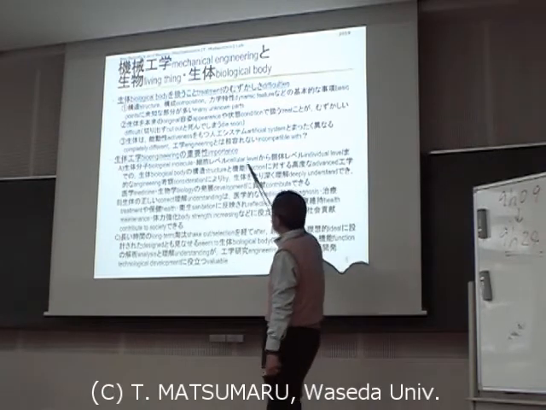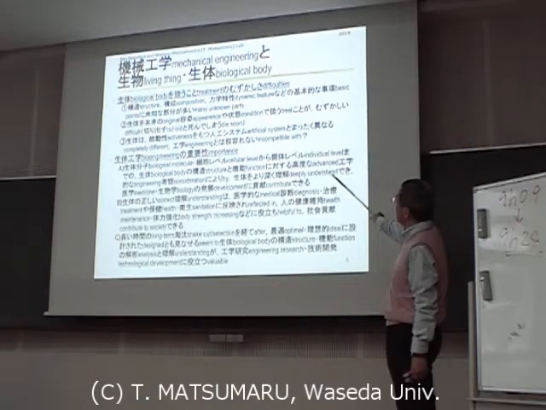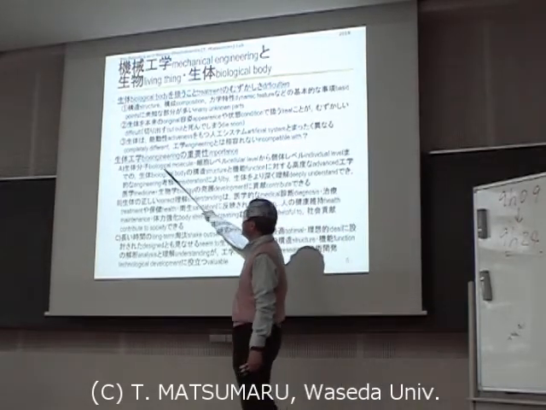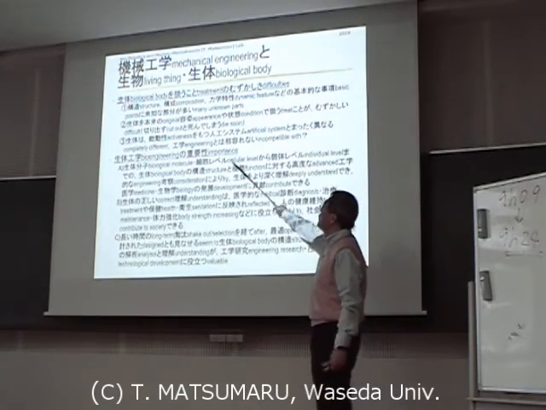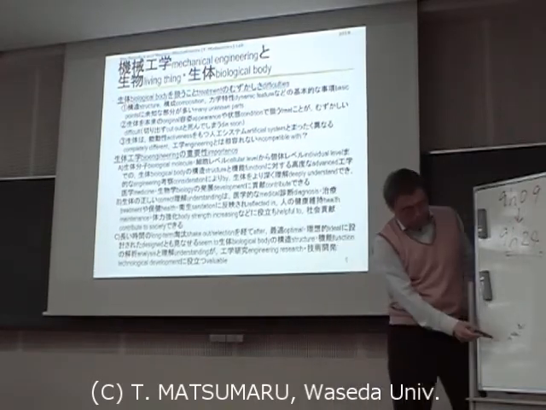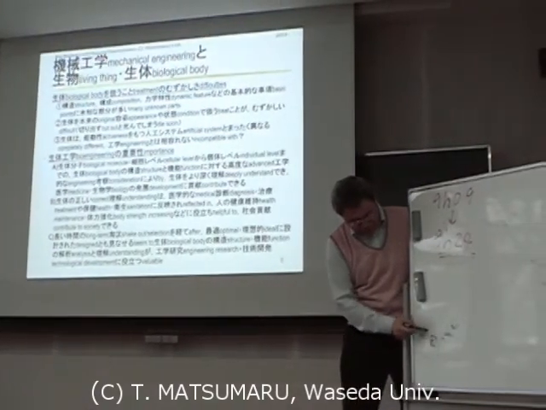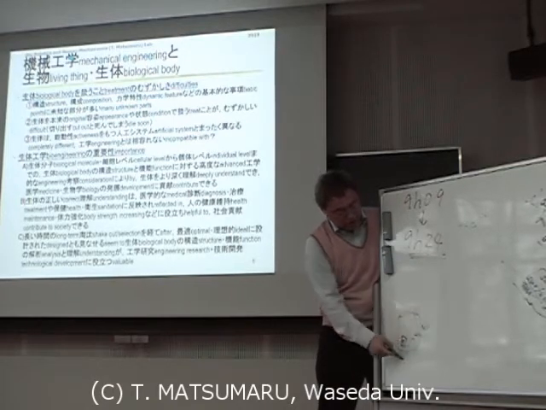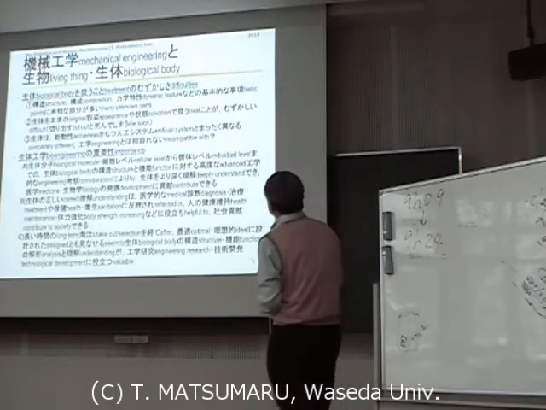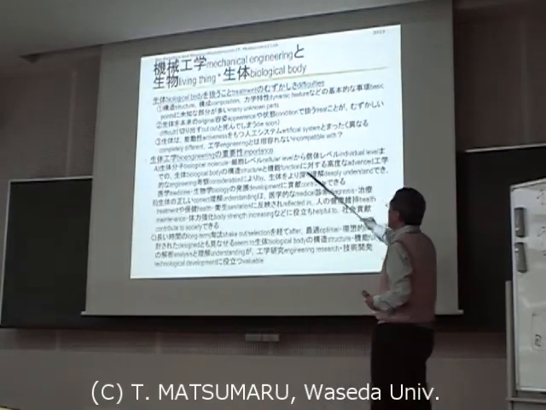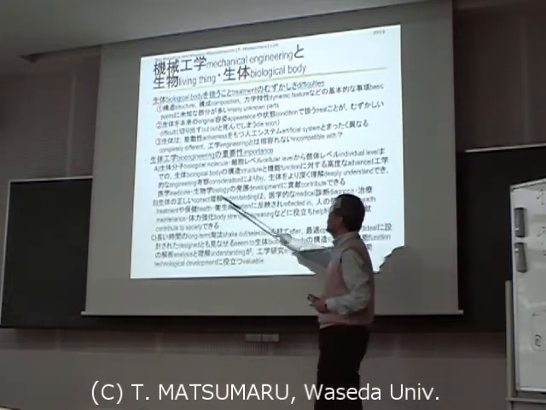But bioengineering is very, very important. The first reason is deep understanding of living creatures, from the molecular level, the cellular level, the organism level, and the individual level. So therefore, at these several levels, we can understand the living body's structure and function more deeply from the engineering viewpoint.